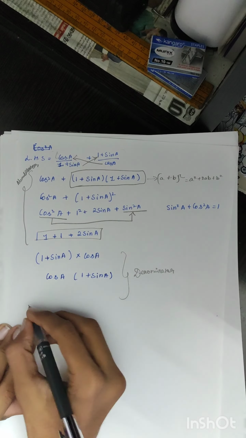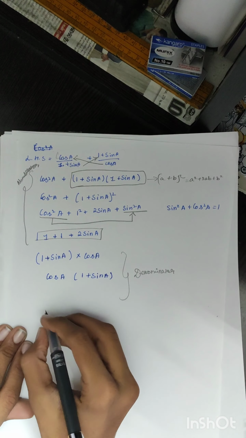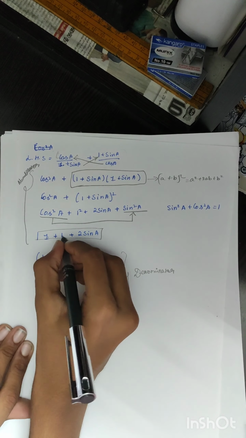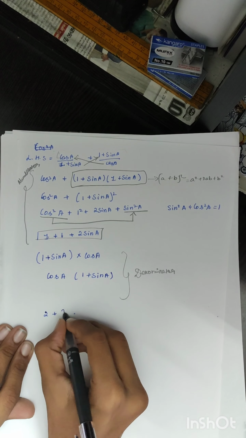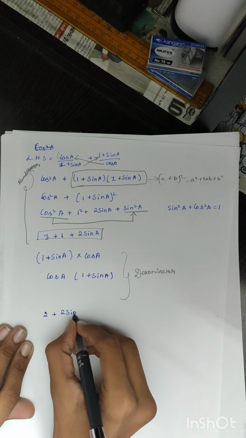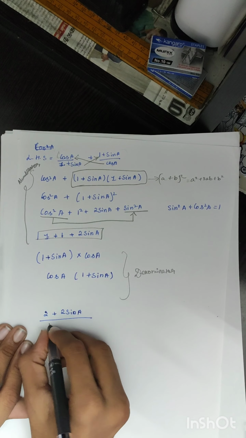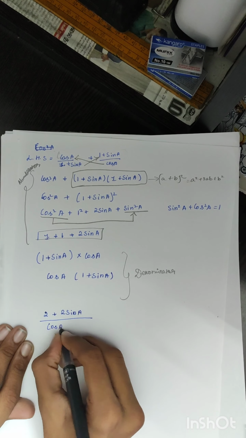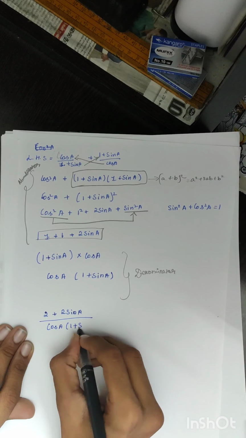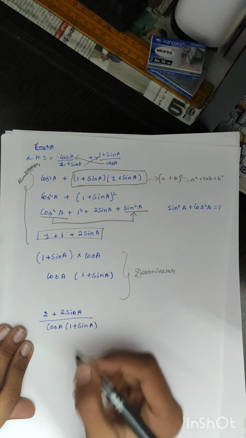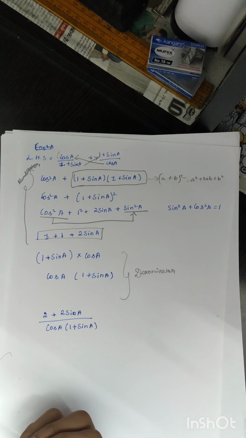Now if you substitute the value, 1 plus 1 will be 2, so 2 plus 2 sin A by cos A into 1 plus sin A. As I said, this is the denominator.